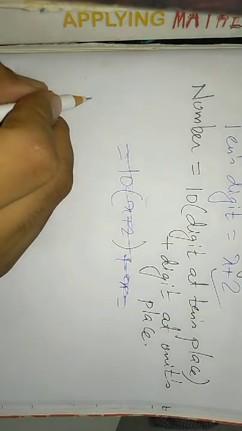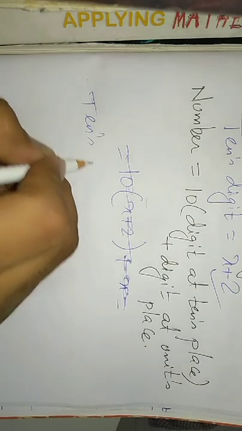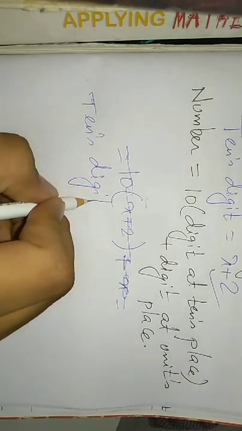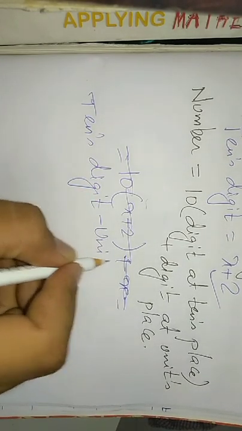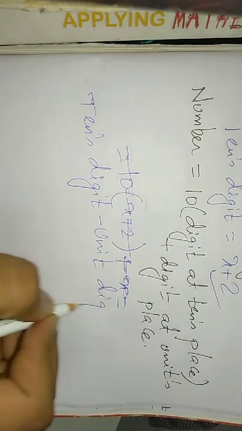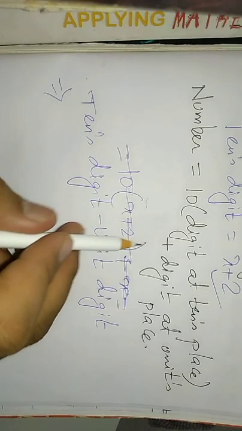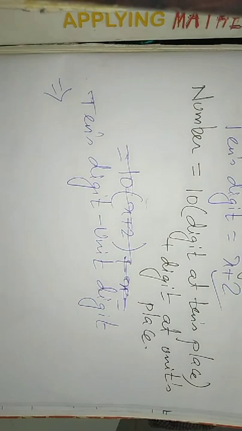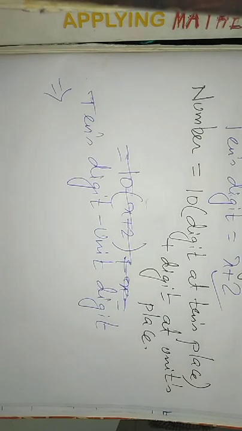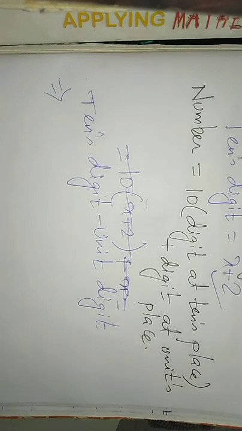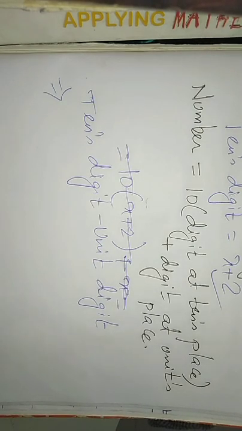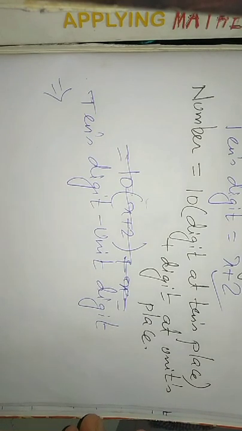Tens digit minus unit digit. What is the value of tens digit? Tens digit is x plus 2, right? The difference of the digits is 1 by 32 of the number.